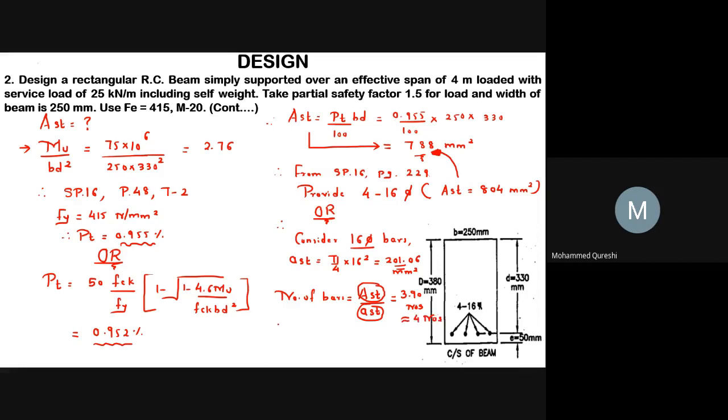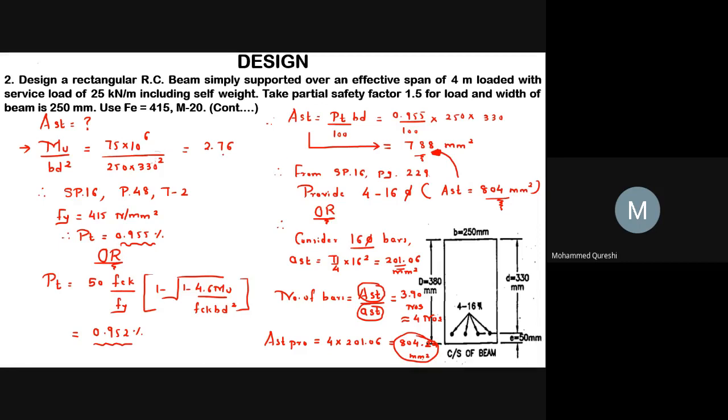which will be equals to 4 numbers. Hence your AST provided will be equals to 4 into 201.06 equals to 804.24 mm square. This value is almost equals to this value.